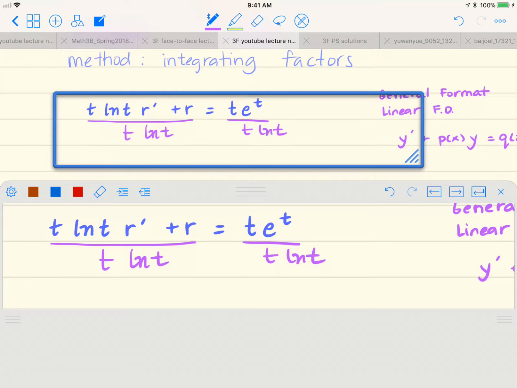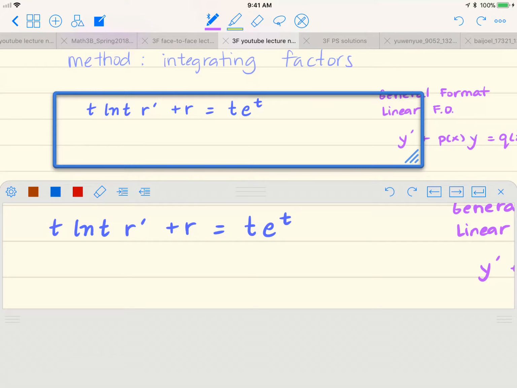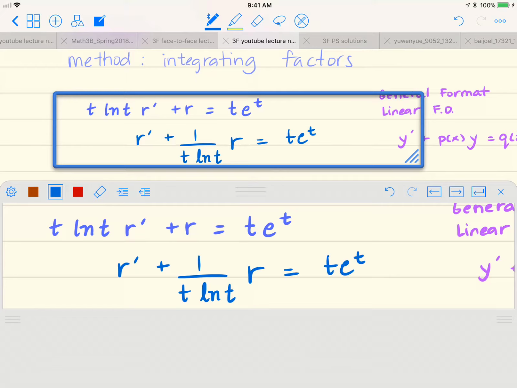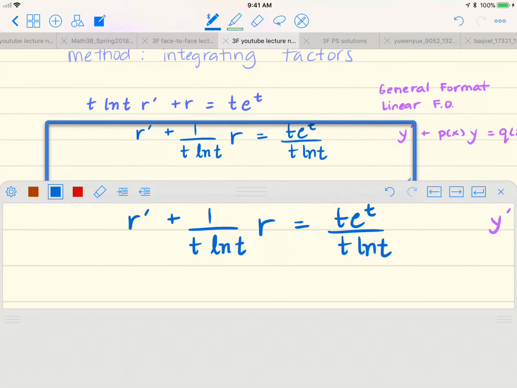Okay, and let's see what I end up with. I should end up with r prime plus 1 over t natural log of t r equals t e to the t divided by t natural log of t.